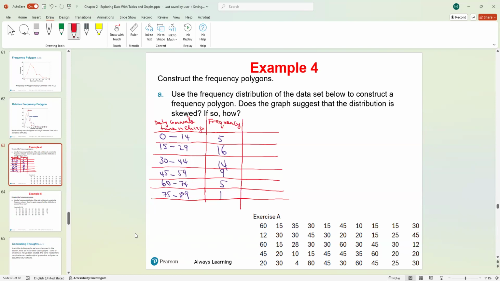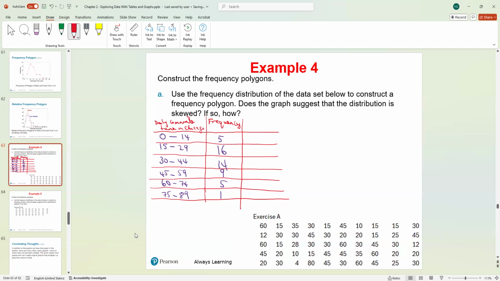That's why you see on the lower class limit, the difference is 15. So the class width must be 15. You see, it's 0 plus 15, 15 plus 15, 30 plus 15, 45 plus 15, 60 plus 15, 75. So that's why you see on every class interval, the difference is 15, right? And the upper class limit and lower class limit.